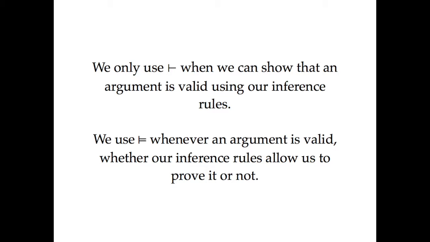We use entails, the double turnstile, whenever an argument is valid, whether our inference rules allow us to prove it or not. Right now, for example, I have only given you 4 inference rules, and there are a lot of valid arguments that, using those rules, there is simply no way to prove. I'll give you an example of one in a minute.